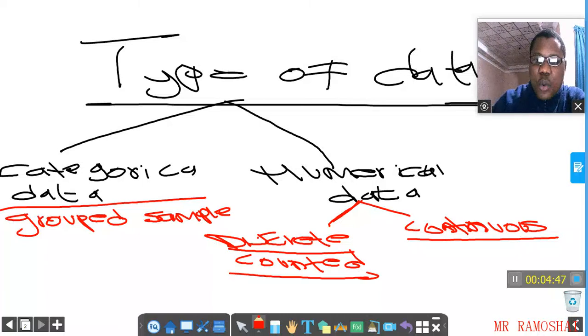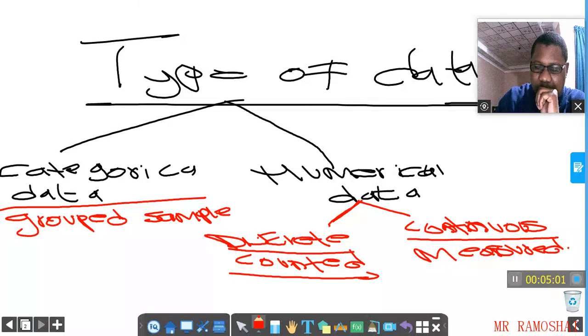Now, when we talk about continuous data, it is data that is measurable. It can be measured, right? That is the difference between the two.